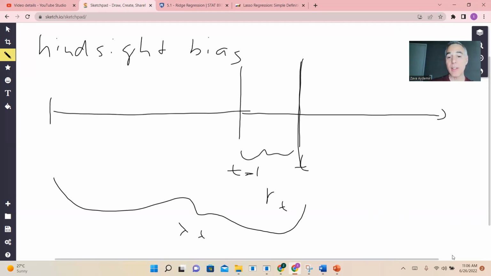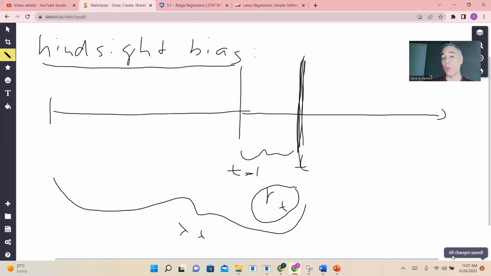But that would mean that they would already know how the returns played out using information up to the end of the investment horizon. And of course, when you have this hindsight bias in your model, you would have tremendously strong predictive power in your model. And that is just an artificial situation of this hindsight bias.